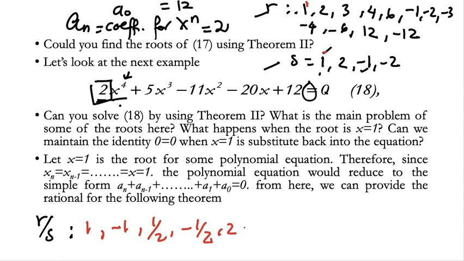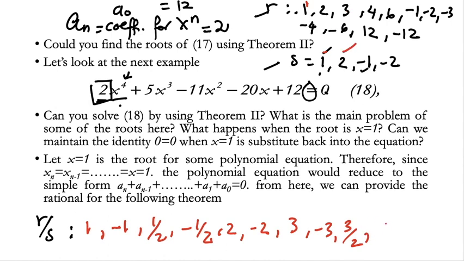Alright. And what else? Because 2 divided by 1, you get 2. Okay. And then minus 2, isn't it? And then you can have 3, you can have minus 3, and then you can have 3 over 2, isn't it? 3 divided by 2 here, for instance.